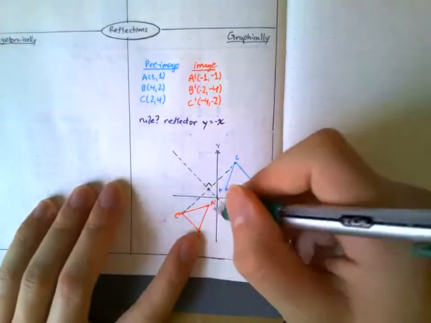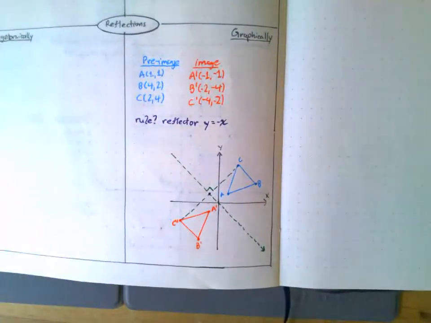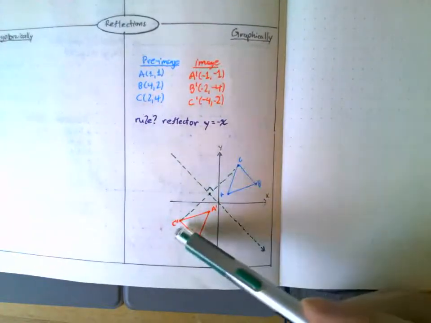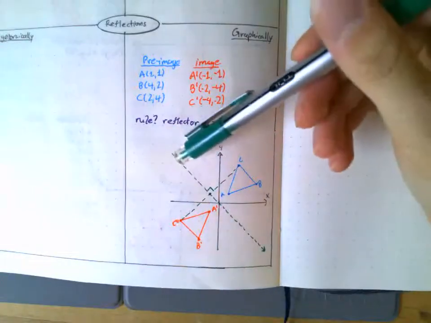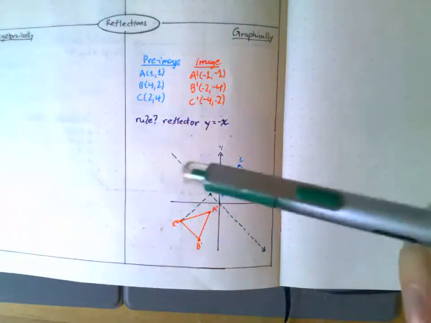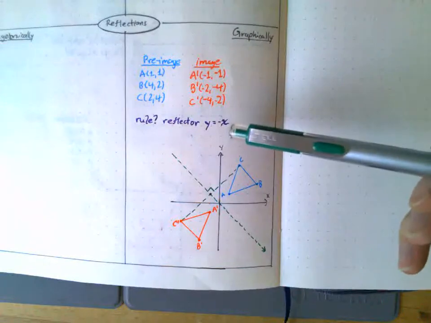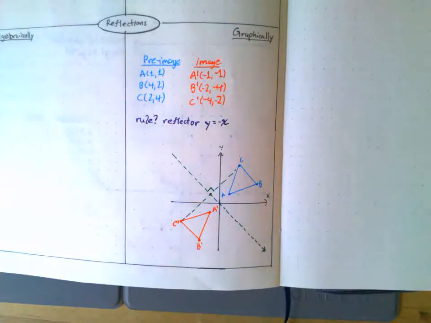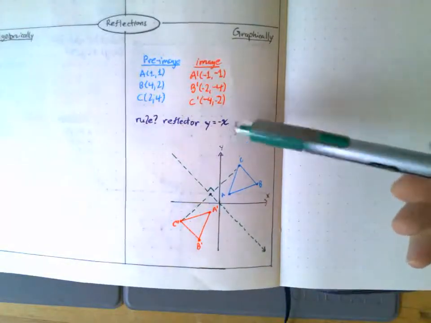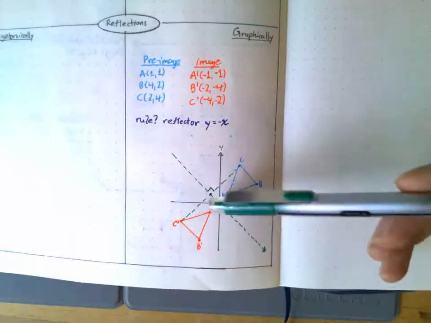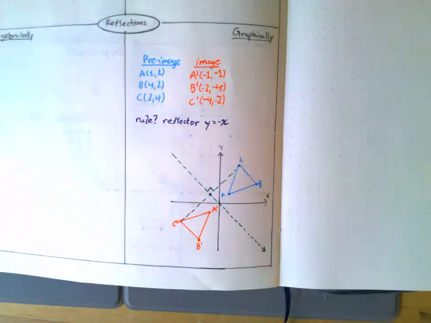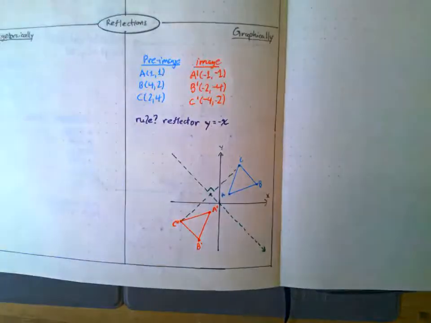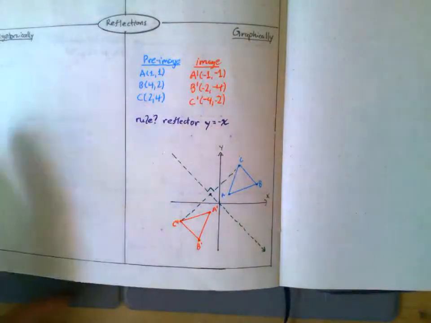They cross right here. Now, why is that important? Well, when things are reflected, the line C prime will always be perpendicular to whatever your reflecting line is, be y equals x, y equals negative x, or x equals a number. You'll see this in several examples we'll do later on, or also in your homework, but this is how we know that it's correct. If it is not perpendicular, something is wrong. Okay? So a nice little helpful check for you to follow.